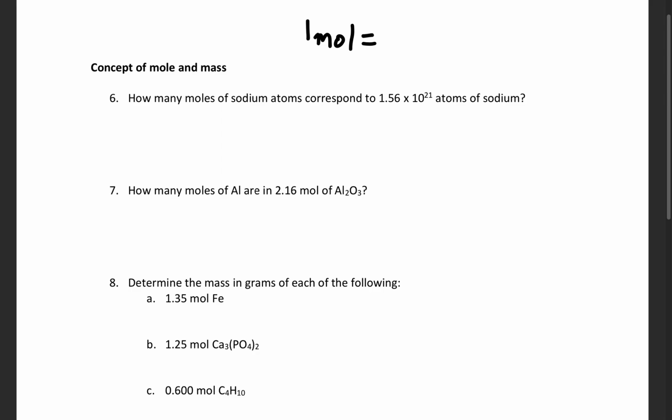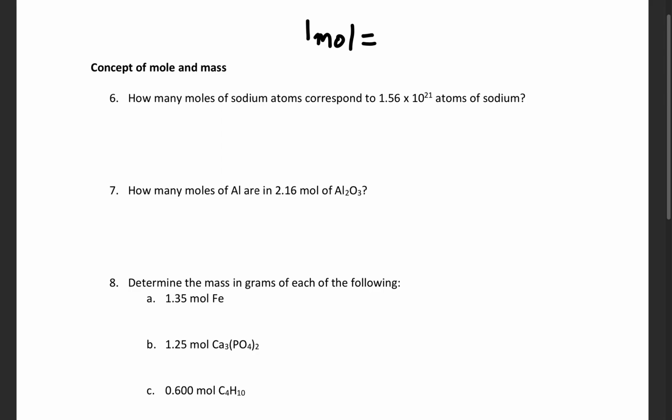If your parents smoke cigarettes, there's going to be 20 cigarettes in a pack. If you play cards, there's going to be 52 cards in a deck. If you go to the store, there's going to be 12 eggs in a dozen.